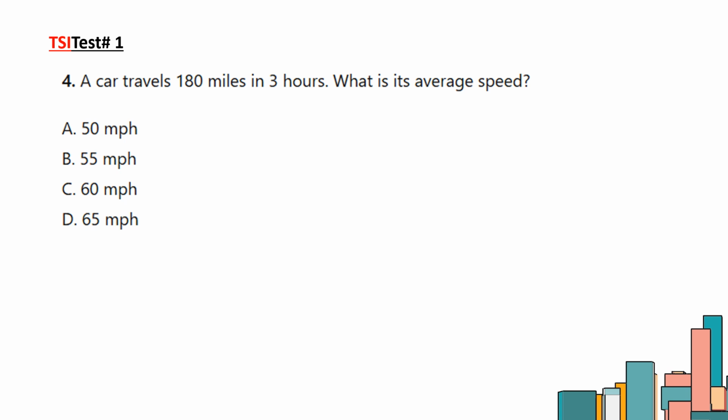Number 4, a car travels 180 miles in 3 hours. What is the average speed? So remember the speed or the velocity is distance over time. Why do we know that? Because the distance is the length we travel, so it will be miles, right? And then time is hours.